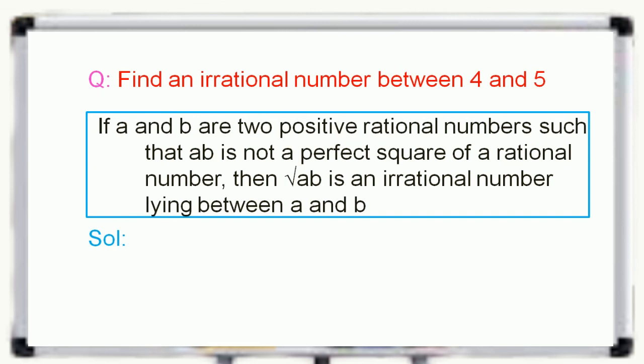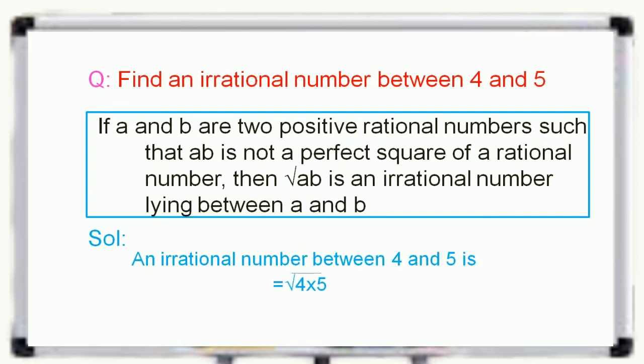So if we take the product of the given numbers, and it is not a perfect square, then the square root of the product is an irrational number. So an irrational number between 4 and 5 is square root of 4 into 5, that means square root of a into b. Here square root of 4 is equal to 2, we know very well, and root 5. So therefore the answer is 2 root 5.